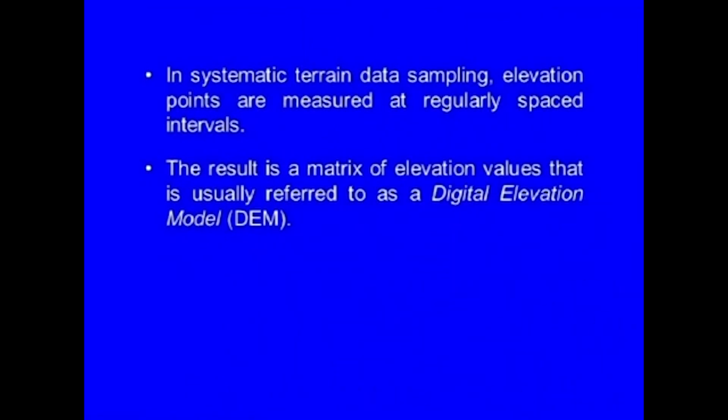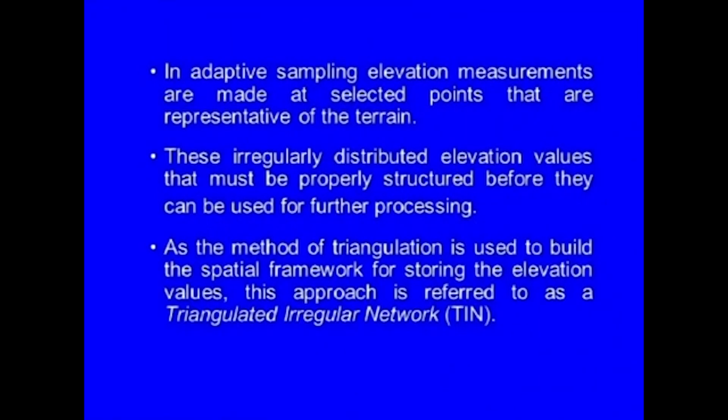In systematic terrain data sampling, elevations are measured at regular spaced intervals. The result is a matrix of elevation values that is usually referred to as a digital elevation model, or DEM. In adaptive sampling, elevation measurements are made at selective points that are representative of the terrain.